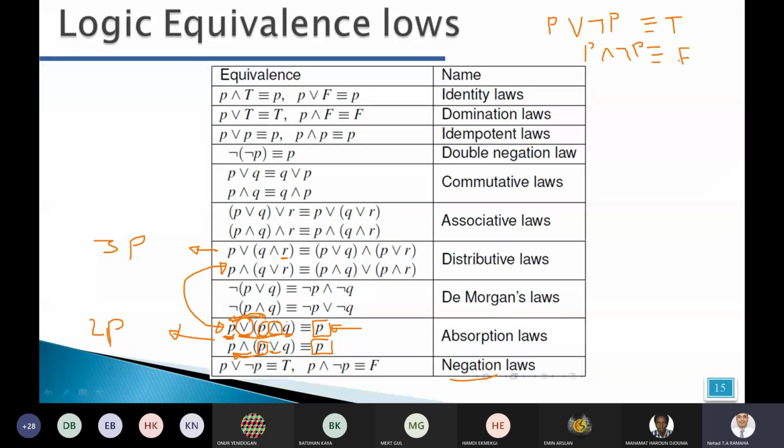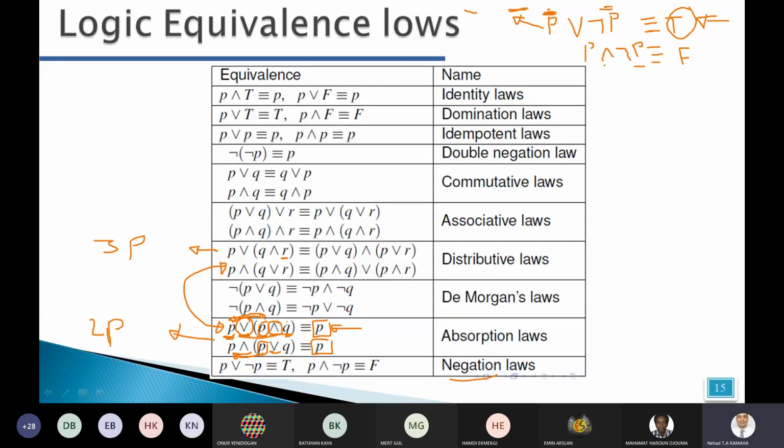And proving this is very easy. What's the rule for the OR operator? If I have any side true, the result will be true, yes? So if this side is true, this side is false. If this side is false, this side is true. Then I have one side true, so the result will be true.